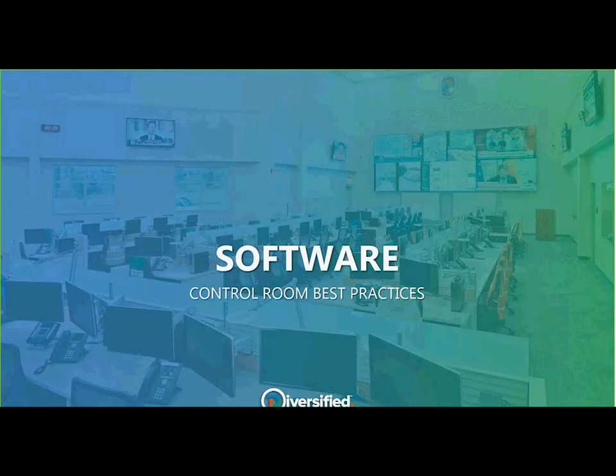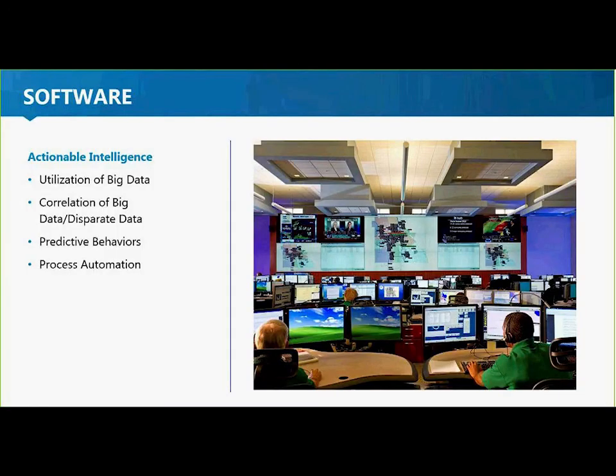As I mentioned a minute ago, the common operating picture is a great segue into this next topic, software. There have been so many advances in software in the mission critical world, and it's different depending on what your environment is. If your environment is a 911 center, the software you use would be very different than the software you might use in a network operations center for an enterprise, for example, or in a data center.